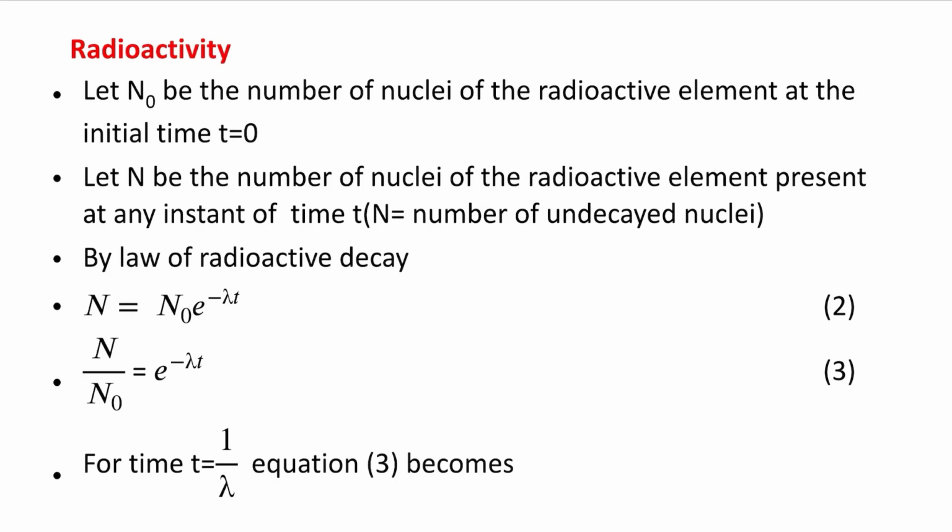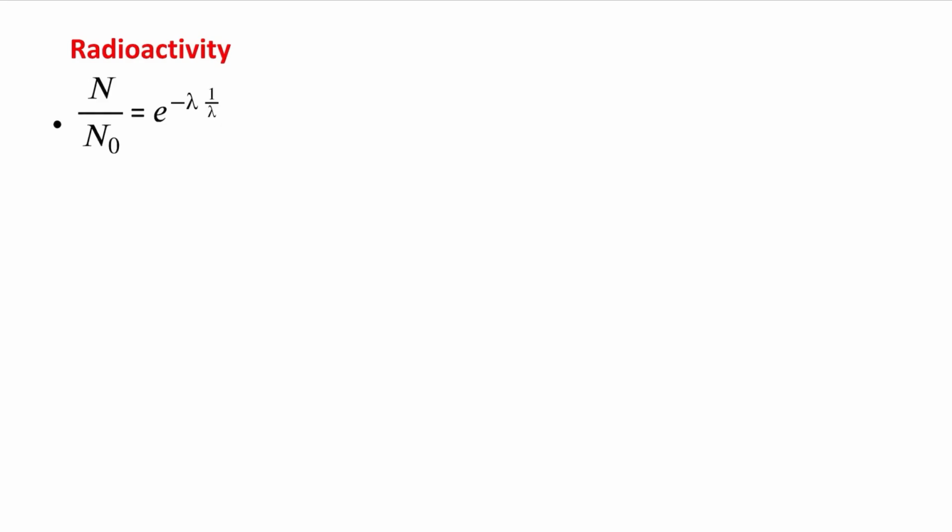Now, if I take the time t equal to 1 by lambda, meaning I substitute t equal to 1 by lambda in equation 3, then equation 3 takes the form N upon N0 is equal to e raised to the power minus lambda into 1 by lambda.